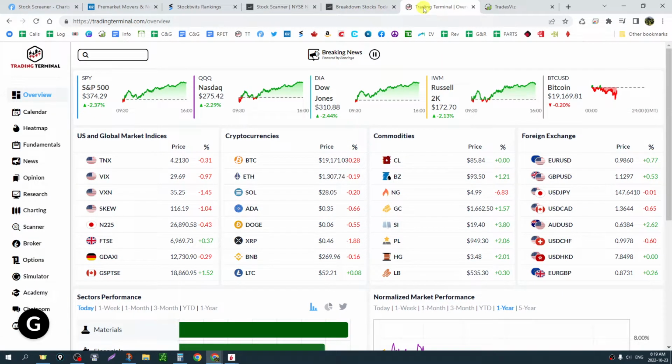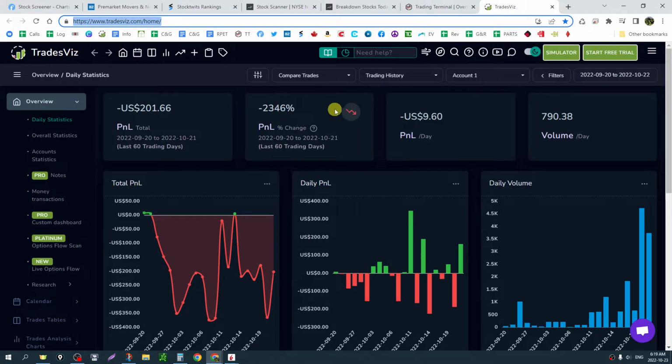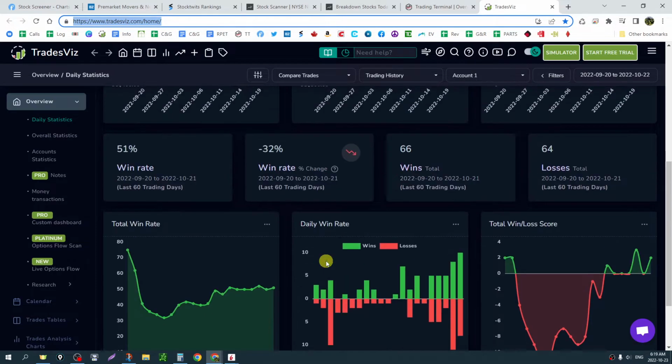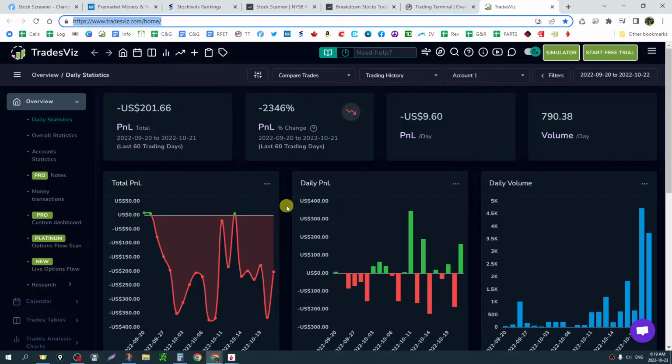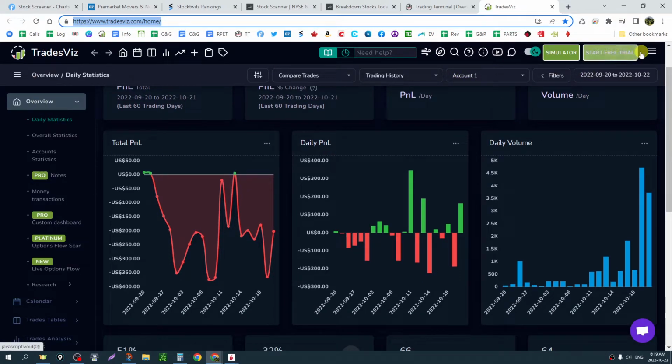So anyways, these three are open during my day, and then I have TradesViz, which is also free, which is my trading stats, which I'm still kind of trying out, to see if it's any good or not. It's a lot of information, and I don't really know how useful it is to me. It doesn't show my commissions, you have to pay for that, and I don't really care.